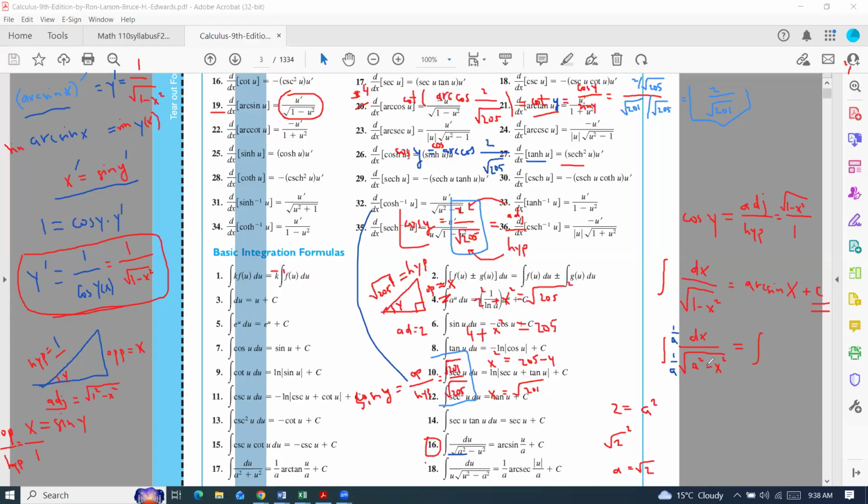And that's the reason why you can see that a appears in your denominator. So let's do this a little by little. I just want to keep 1 over a here, and then dx, and then I want to bring this 1 over a inside my square root.